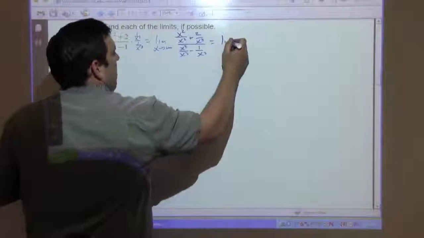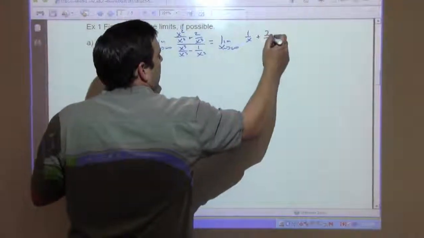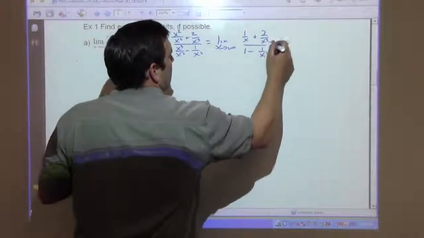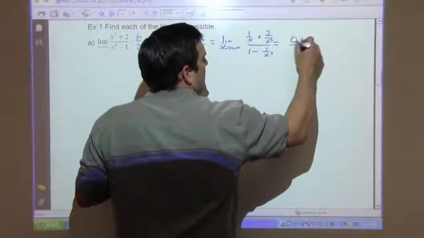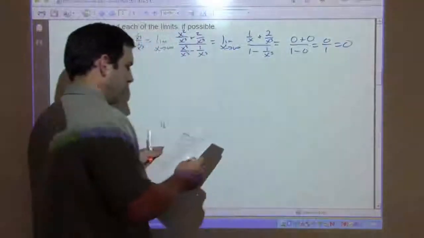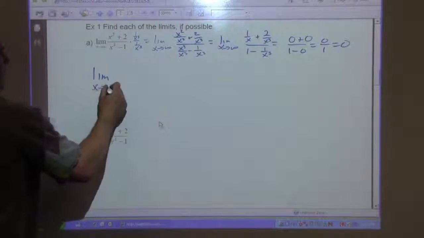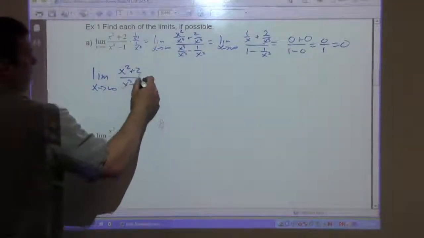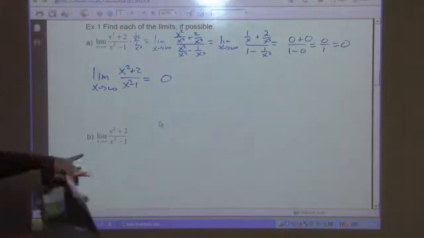This is the limit as x goes to infinity of 1 over x plus 2 over x cubed over 1 minus 1 over x cubed. If we apply what we just saw, this becomes 0 plus 0 over 1 minus 0, which is 0 over 1, which is 0. So our limit as x goes to infinity of x squared plus 2 over x cubed minus 1 would be 0.